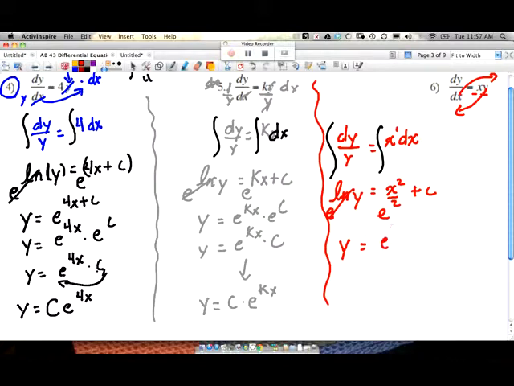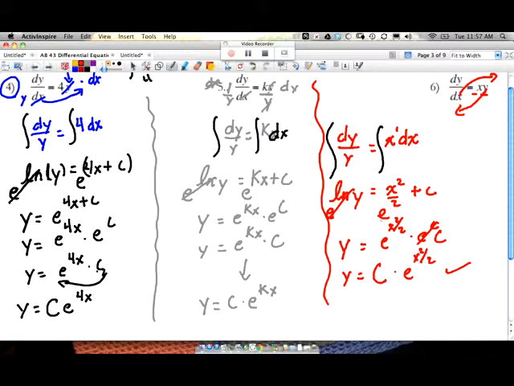But on the right, we're going to have e to the x squared over 2 times e to the c, which is really going to be c. So y equals c times e to the x squared over 2. That wasn't too bad. Slightly different, but it still worked out just fine.